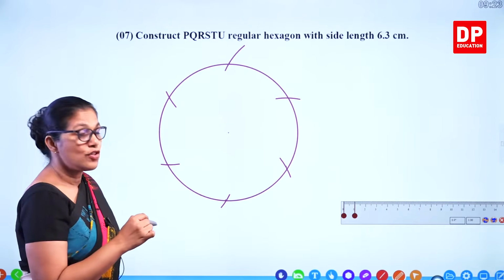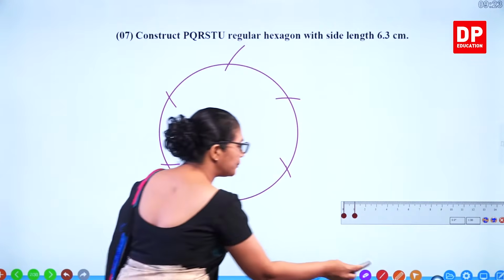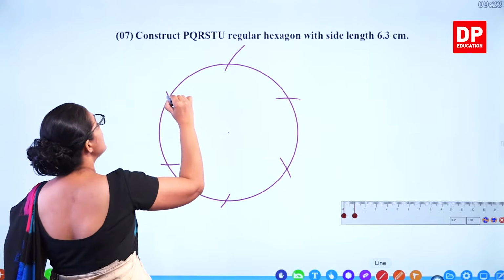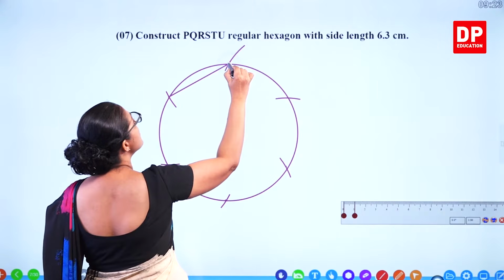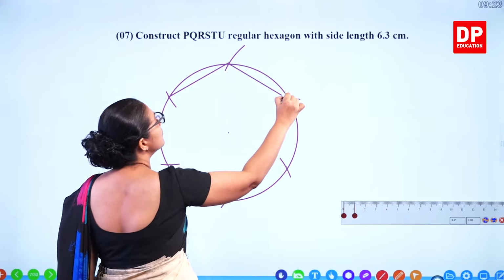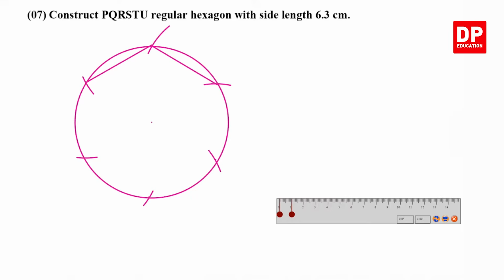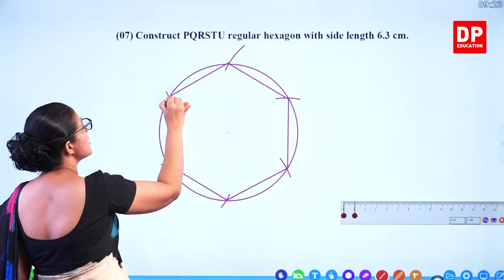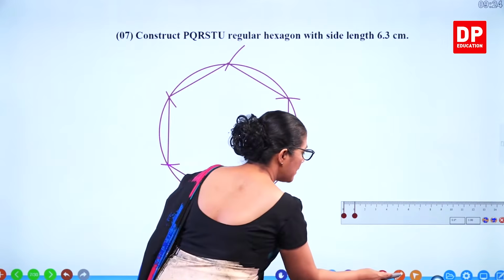So you can just connect the points with the ruler. Take the ruler and connect all these points. So that's the regular hexagon.